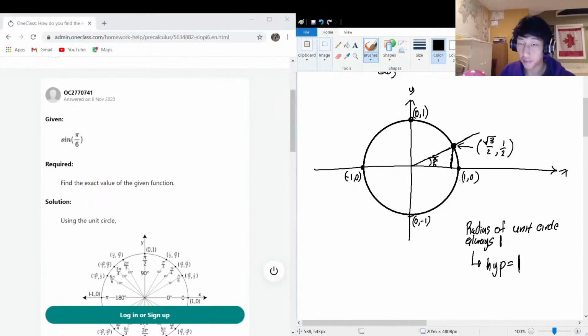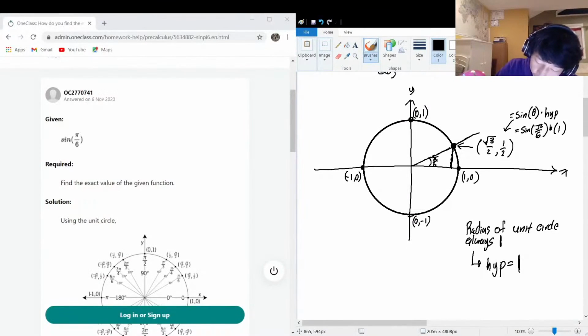And the 1/2 corresponds to sine of the angle multiplied by the hypotenuse, which in this case, the sine is of pi over 6, and the hypotenuse is 1.